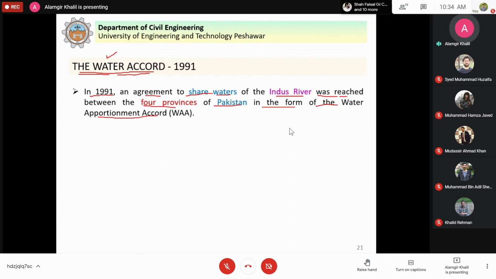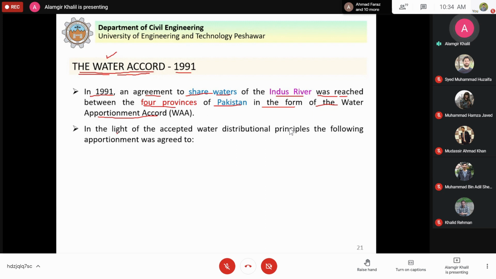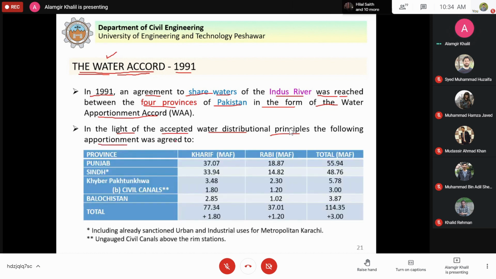Apportionment means taqseem. In light of the accepted water distributional principles, the following apportionment was agreed.